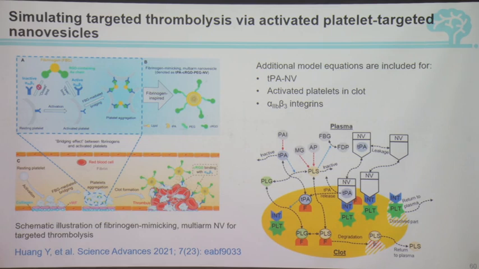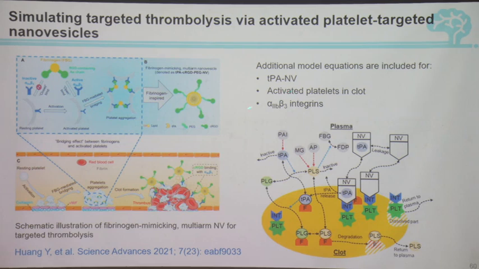Right, so with that in mind, a smart nanoparticle was developed, and I'm not a nanoparticle expert, so I can't tell you exactly how it was synthesized, but it was designed to have these features so that TPA can be encapsulated inside these nanoparticles.